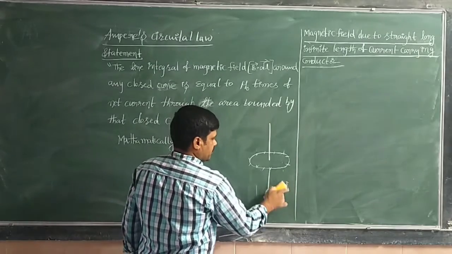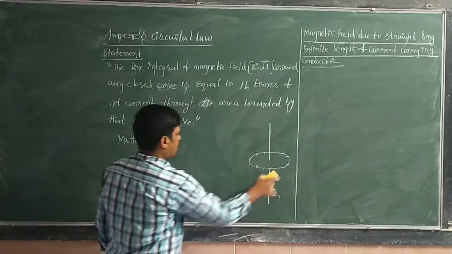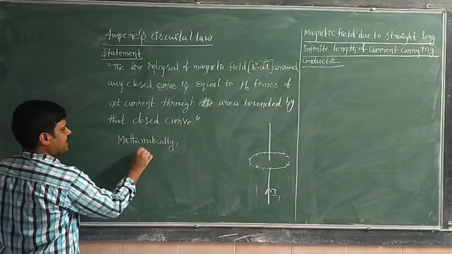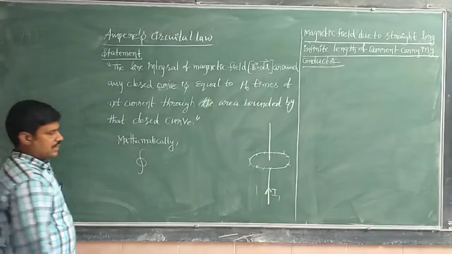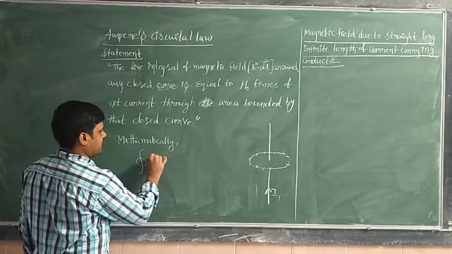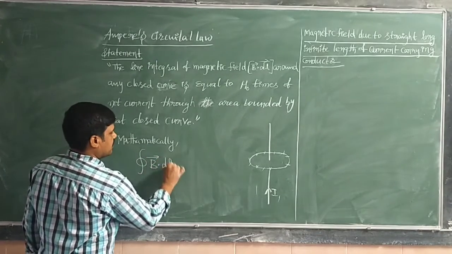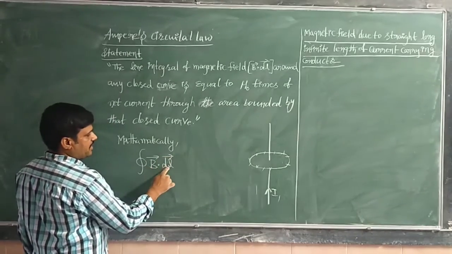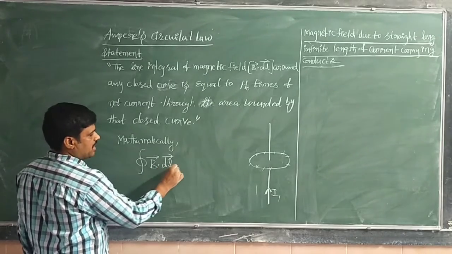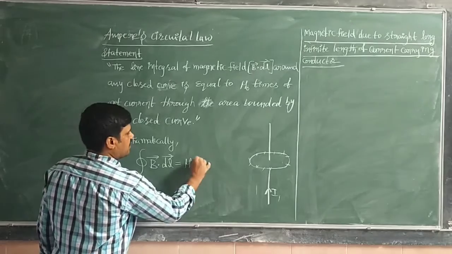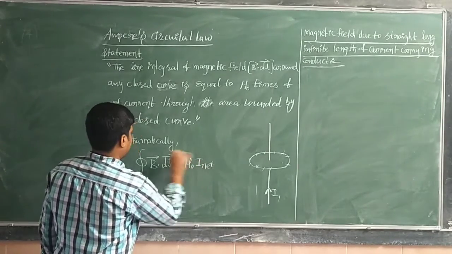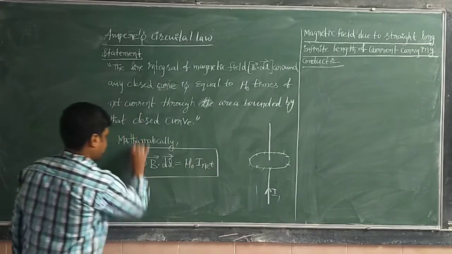So just see mathematically how to write the law. Line integral means integral, and line integral of magnetic field, that means B bar dot dl bar, magnetic field along small length elements, is equal to mu naught times the net current.